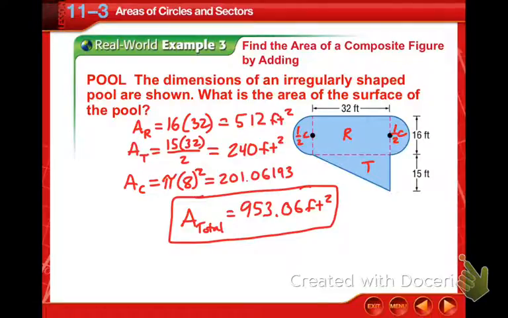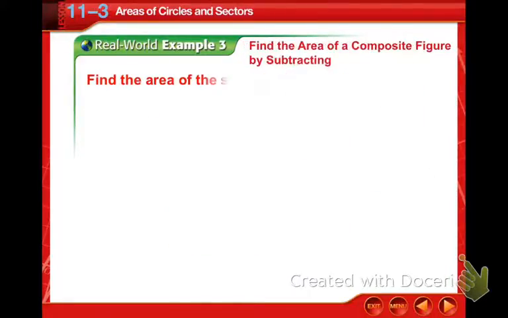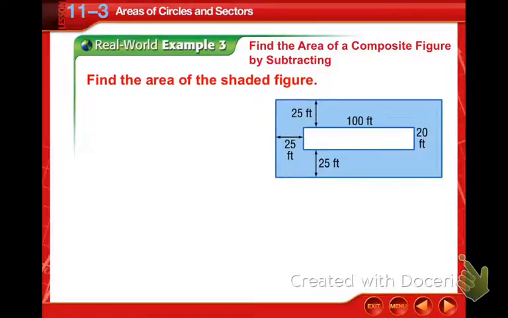All right, so we got one more composite figure. This one's a little bit easier. No combinations of shapes, it's just 2 rectangles. So here we just need to find the area of the shaded area, and so we're going to find the area of the entire rectangle, subtract the area of the non-shaded rectangle, and we'll get our answer. So first off, our length for the large rectangle is going to be the 25 plus the 100 plus the 25 on the other side.